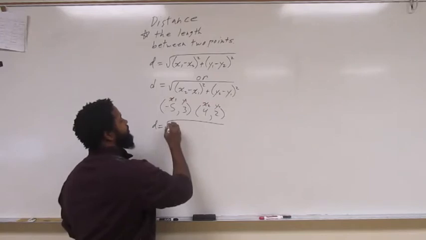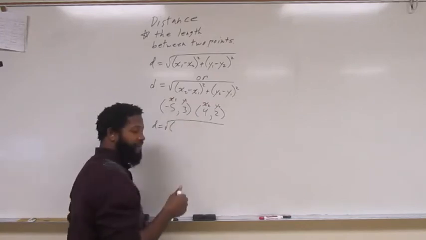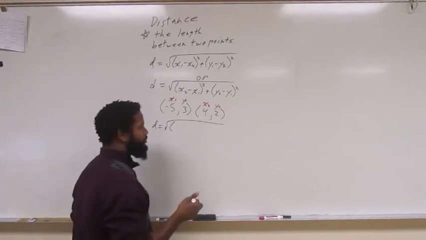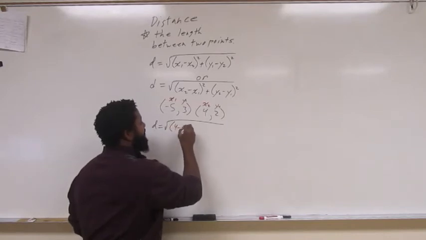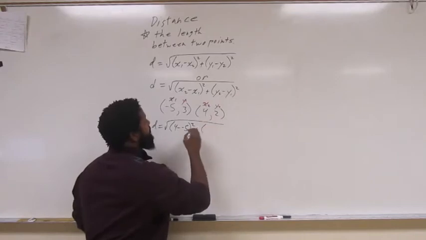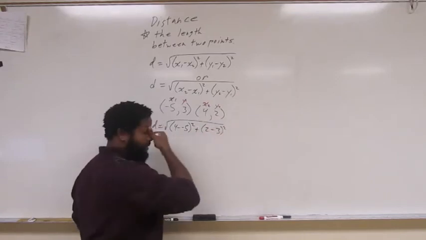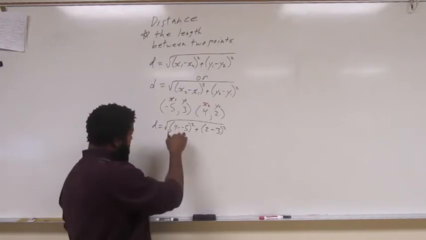So d is equal to, let's say 4 minus a -5. We want to make it positive. Although, you know, it being squared, it's going to be positive anyway. So 4 minus a -5 squared plus 2 minus 3 squared, right? What happens when you're subtracting a negative? You add it, right?